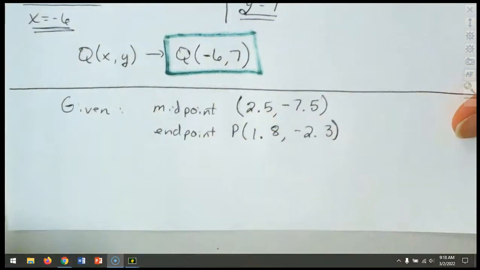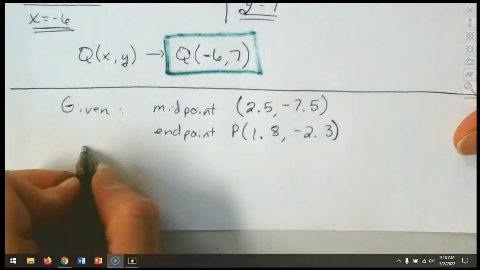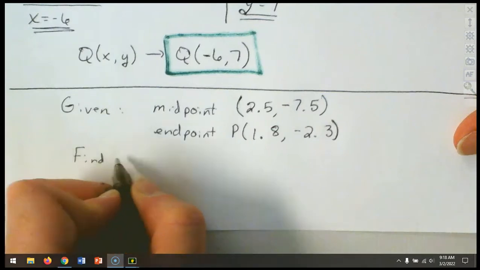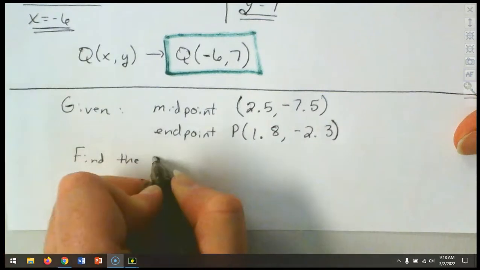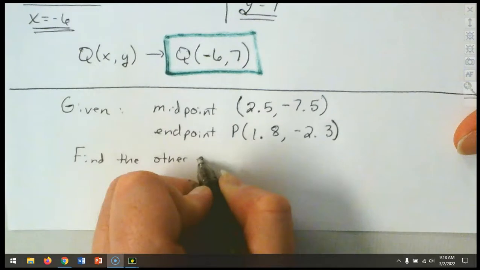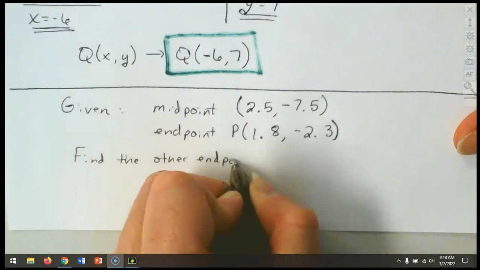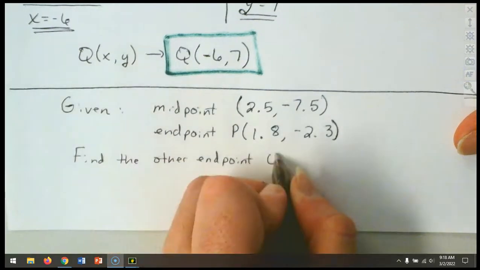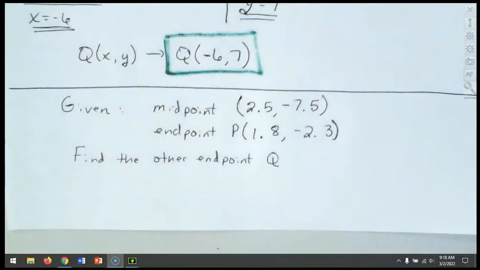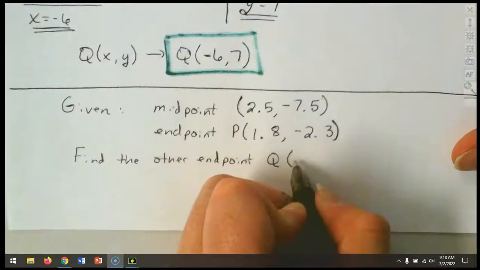And we want to again find the other endpoint Q. And Q is going to be x1.